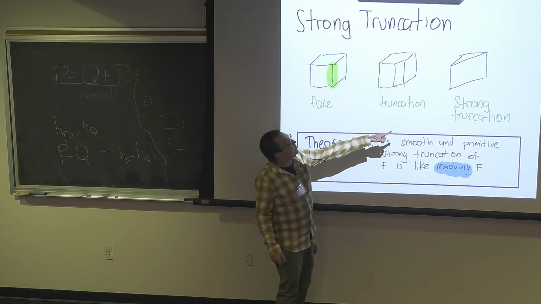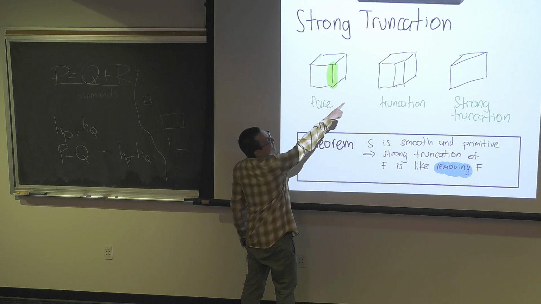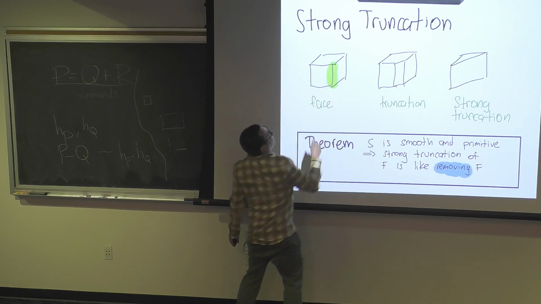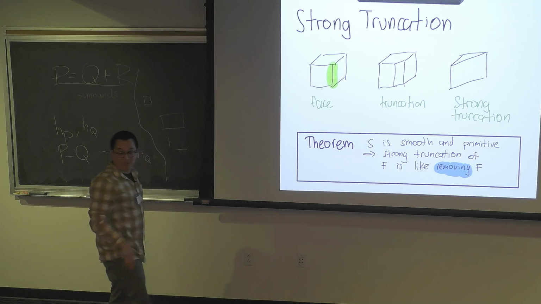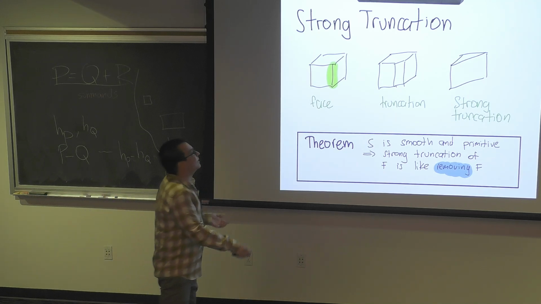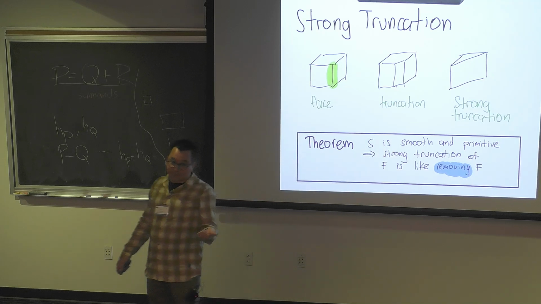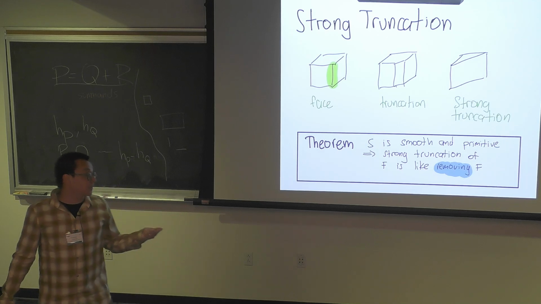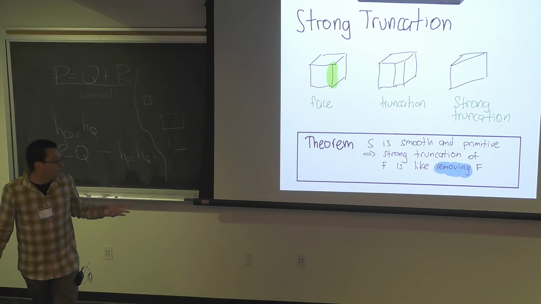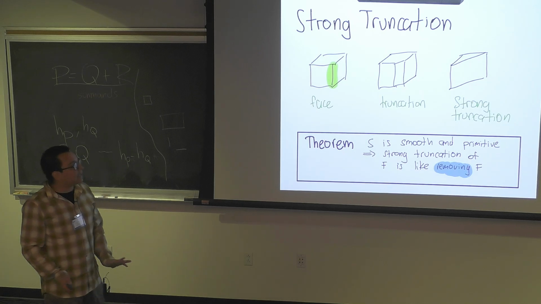So when we did this strong truncation, it turns out that I touch all of the neighbors at the same time. So it's like I took away that edge from the convex hull and I take the convex hull of the rest. And that always happens if you are smooth and primitive, which makes some arguments easier. And who is smooth and primitive, you may ask? Well, the standard simplex, we will see the product of standard simplices, the permutohedron is also smooth and primitive, and nestohedra are smooth and primitive. So it's crazy, but not that crazy.